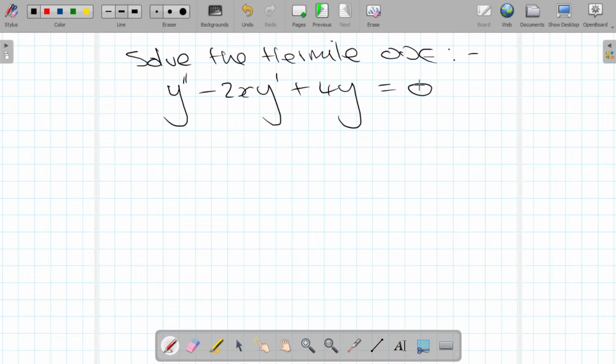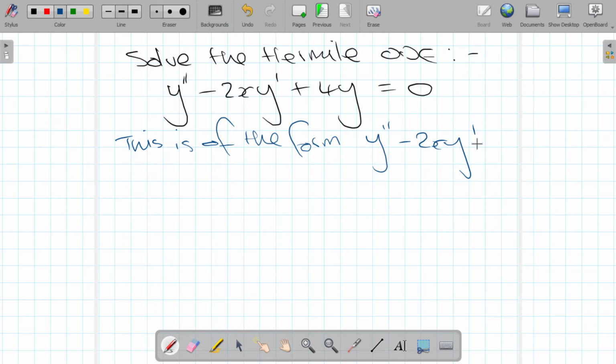If you've seen my last video, you will know that this is of the form y double prime minus 2x y prime plus 2ny equal to 0.